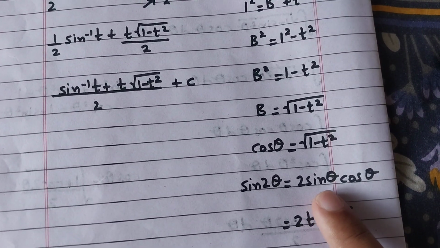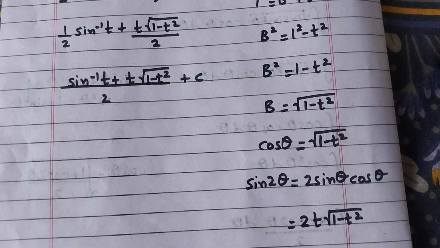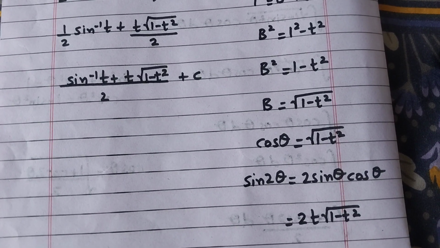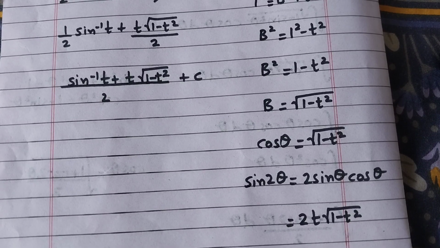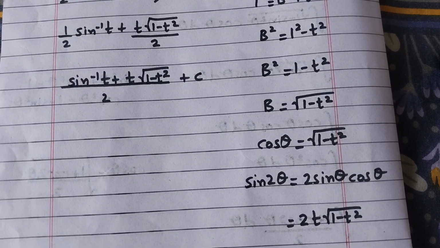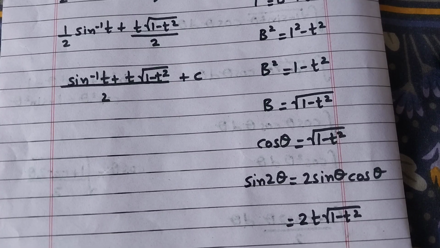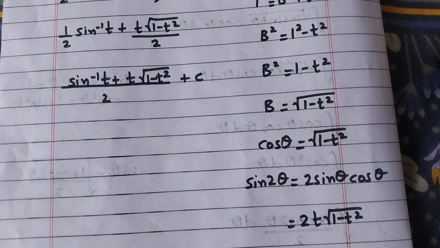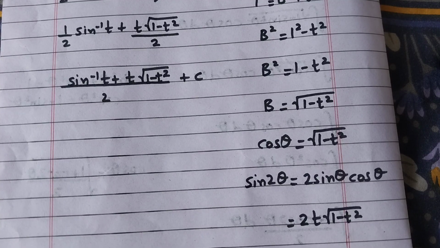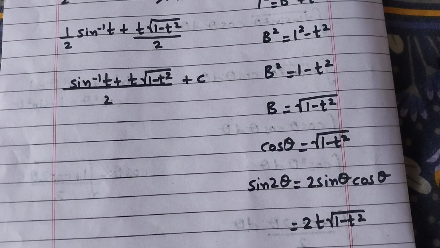Here I have written this identity, 2 sine theta cos theta, and this identity basically comes from the formula we use when we find sine of theta plus theta, using the sine of alpha plus beta formula, and we can find this formula from there.